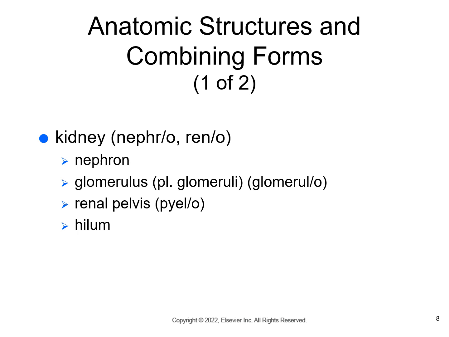Then there's the glomerulus, which is a cluster of capillaries at the beginning of the nephron, and that is where blood is filtered, and that's where the start of the urine production begins. And then there's the renal pelvis, and that is a reservoir. It's kind of funnel shaped, and it collects urine until it passes down into the ureter.